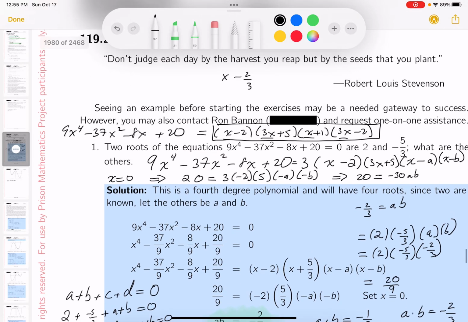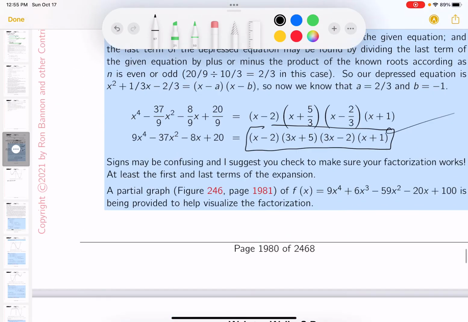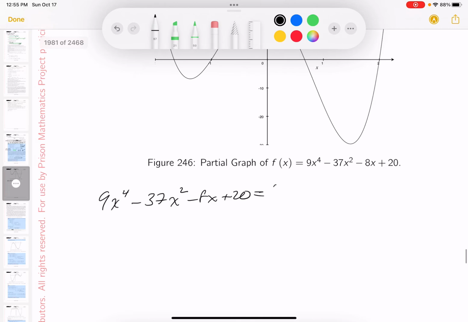What factors were you told? 2 and minus 5/3. So I'll write that down for you. And x plus, I'm sorry, I made a mistake there. 3x plus 5. I would put a question mark here saying there's something remaining over there.